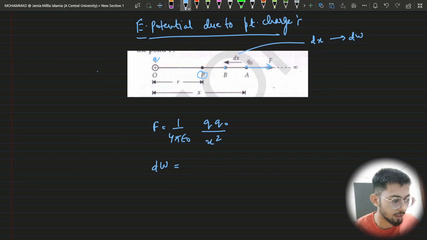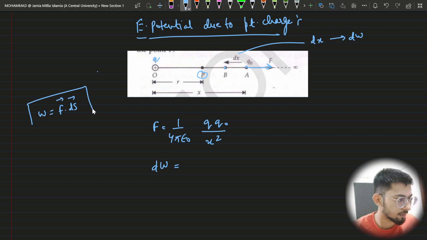If you know from class 11th, what is the definition of work? F dot ds. This is the formula for work, the dot product of force and displacement, right?